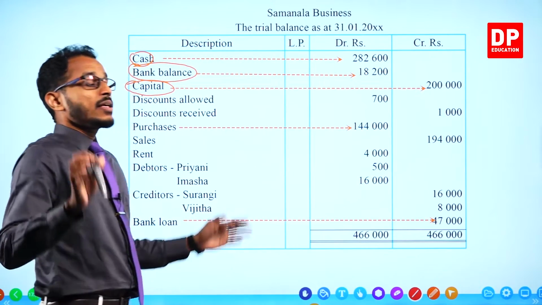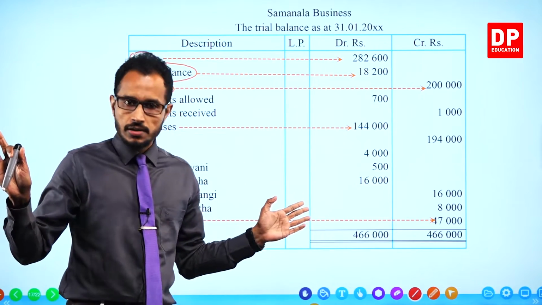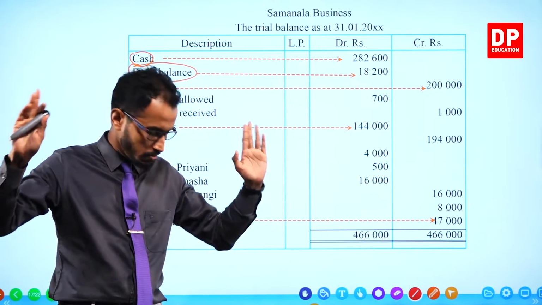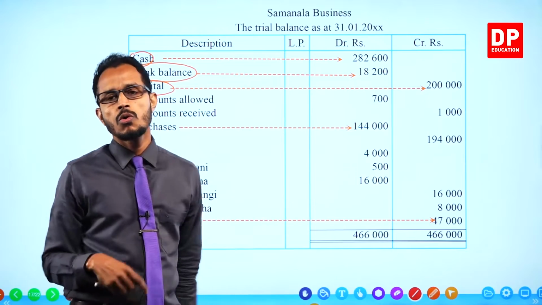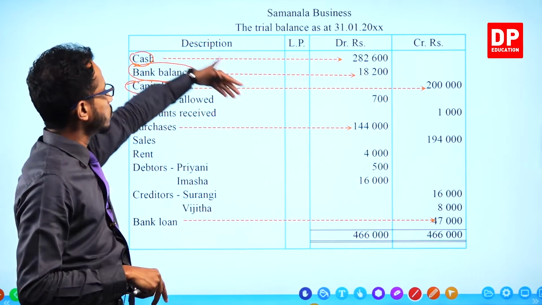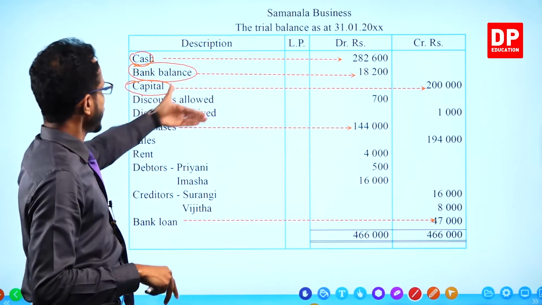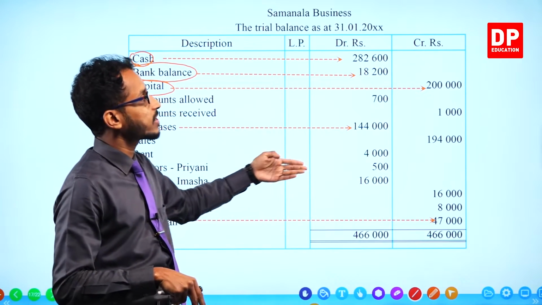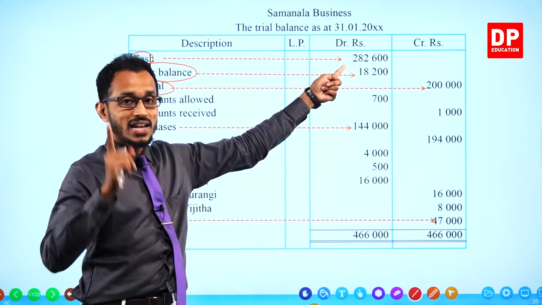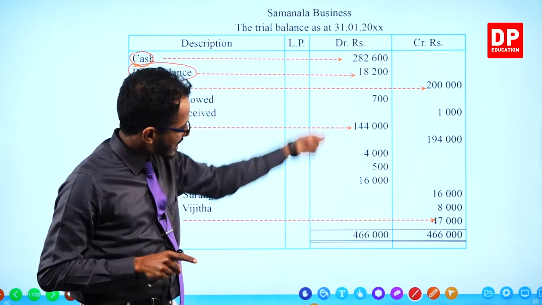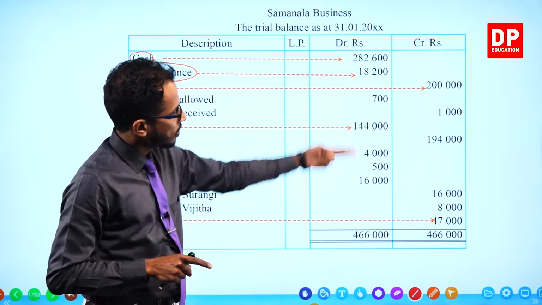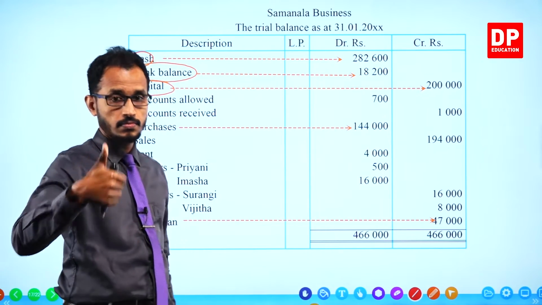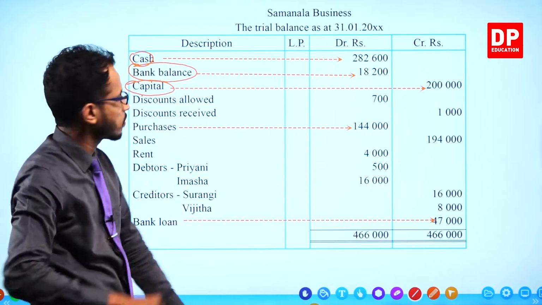There is no particular order. All right, children, no order is needed. You can mention any account, but do not forget to mention the balance in the correct side, debit and credit. Otherwise, you're going to go wrong.